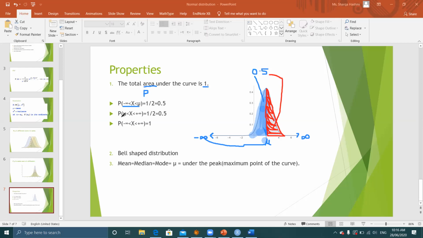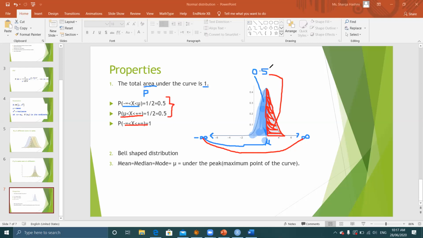So total area is 1, and above mu is 0.5. Below mu is 0.5, above mu is 0.5. And if we take the total interval from minus infinity to plus infinity, the area is 1. By adding these 2 points, we can get 0.5 plus 0.5 is equal to 1.